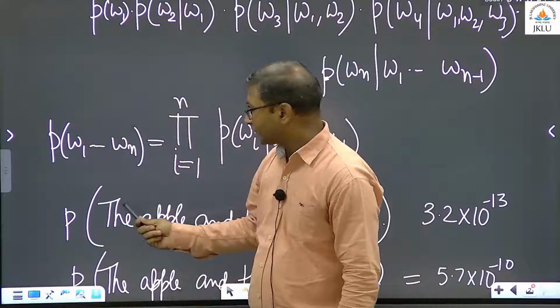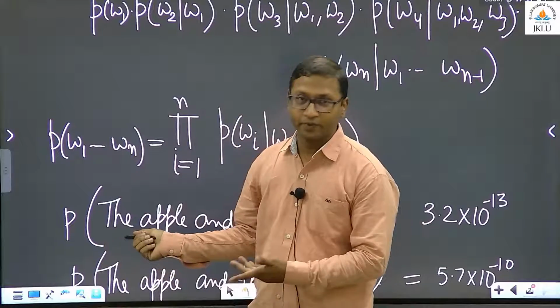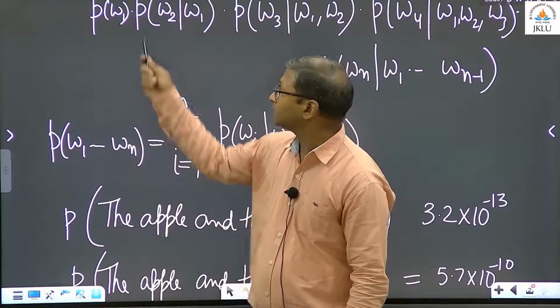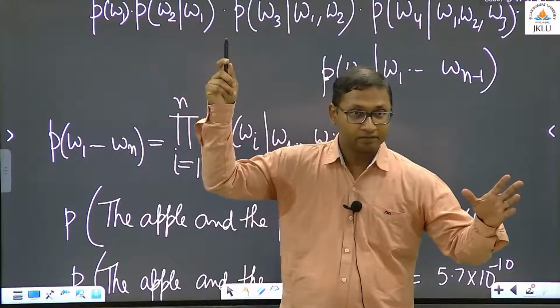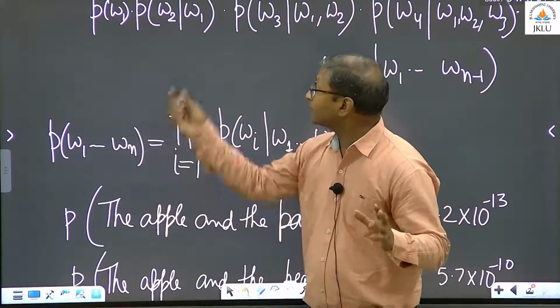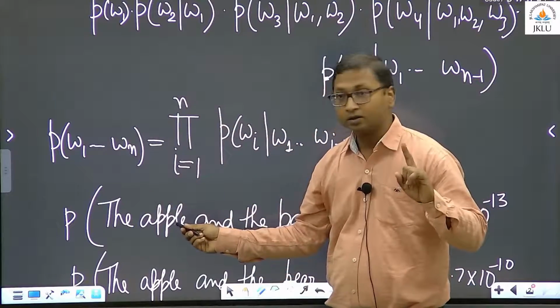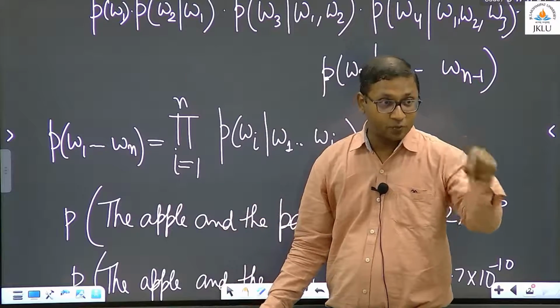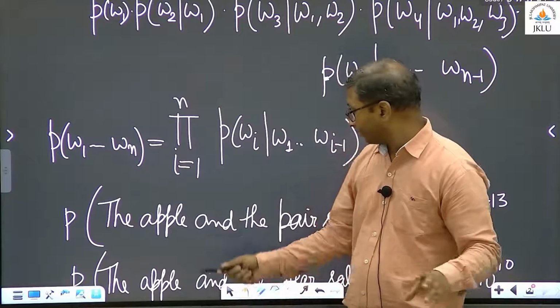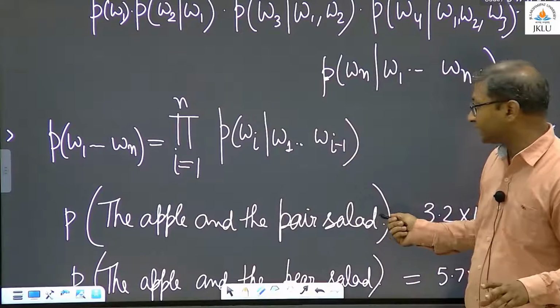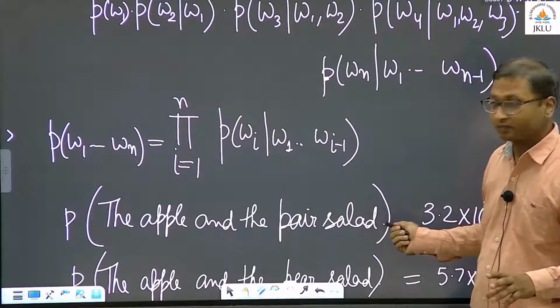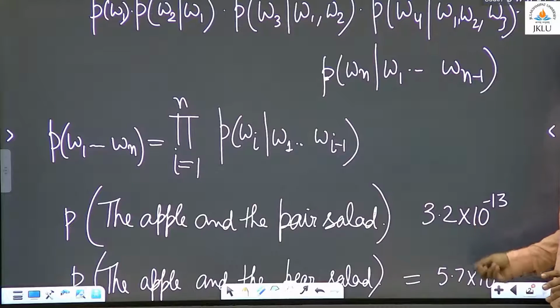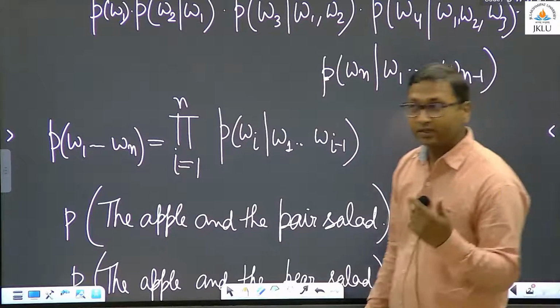What will be the probability of the first word to be "the", for example, 0.07? What will be the probability that "apple" will follow "the"? Much less than this 0.07. So if you go all the way until the fifth or sixth word, I think this is actually high, right? They might be even less.